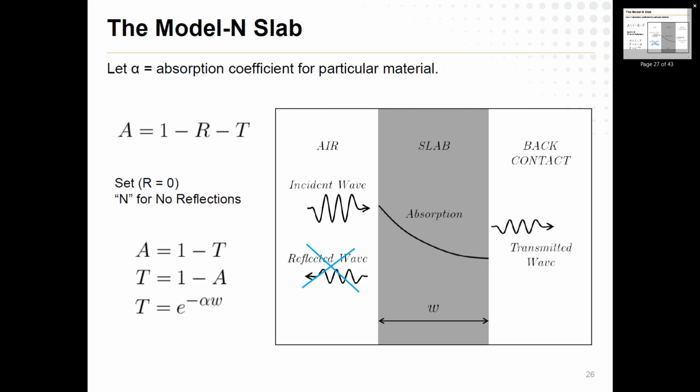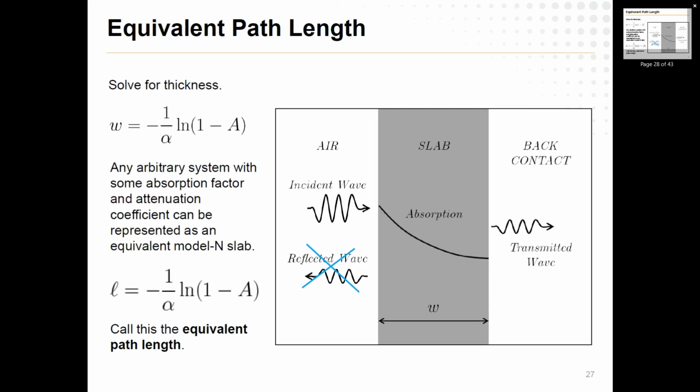So this idea says, okay, given this idealized scenario, I can now talk very intuitively about how thick it is and how much energy will be absorbed. And our goal is to talk about big, complicated things as if they were something like this, because it gives a nice intuitive picture in your mind. So you have this notion called an equivalent path length.